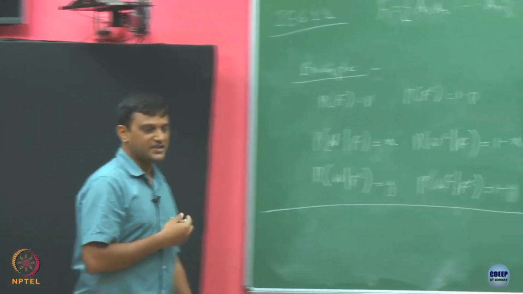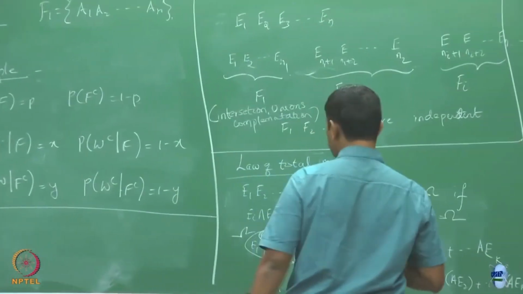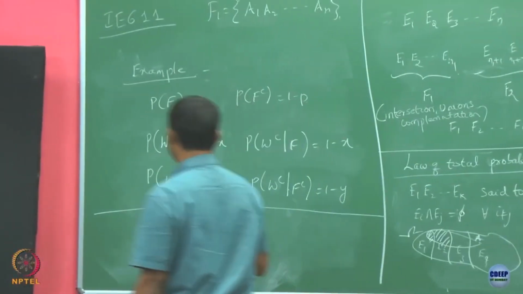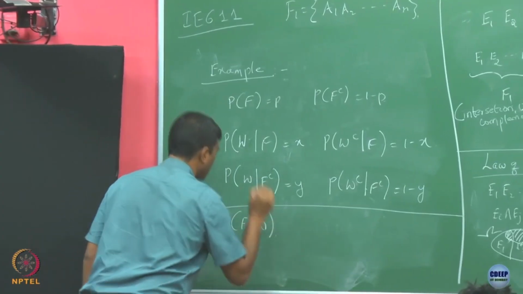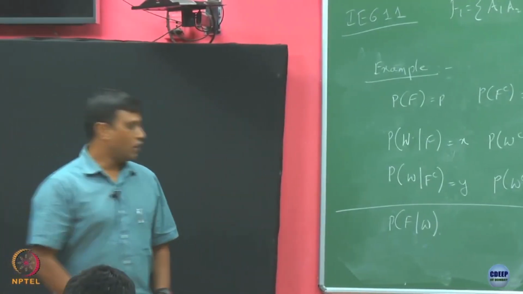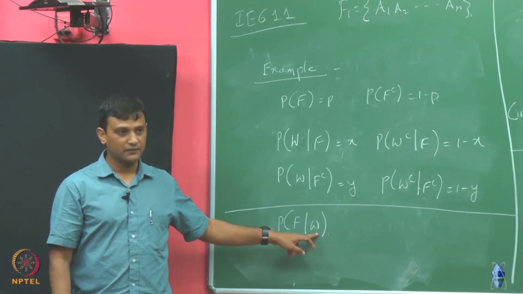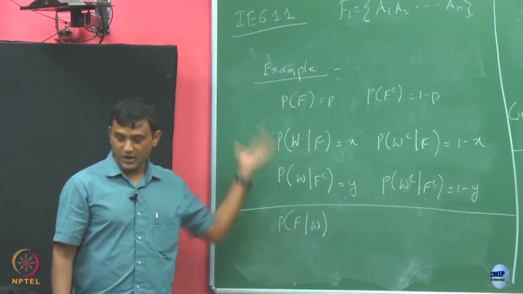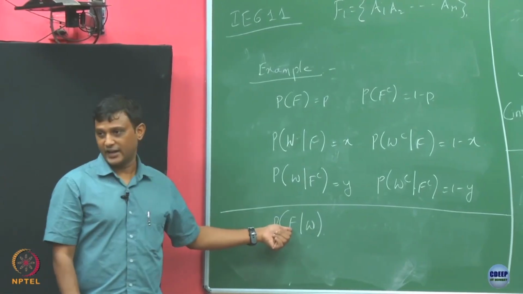Now based on that, let us say you observed that your mission worked well, you are successful, but what was the probability that it was successful in spite of the fact that the critical component failed.